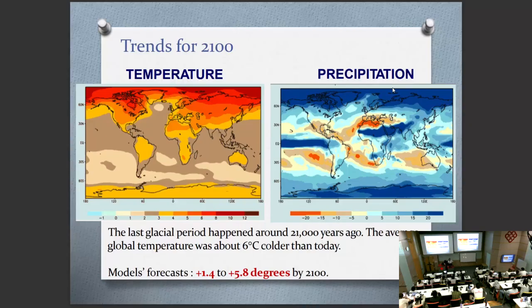But actually during the Ice Age, the average temperature was only 6 degrees lower. And now the temperature is 1.4 degrees higher than the pre-industrial period, or maybe some decades later, 5 point something degrees higher. So we are creating the opposite of the Ice Age by human activities alone.